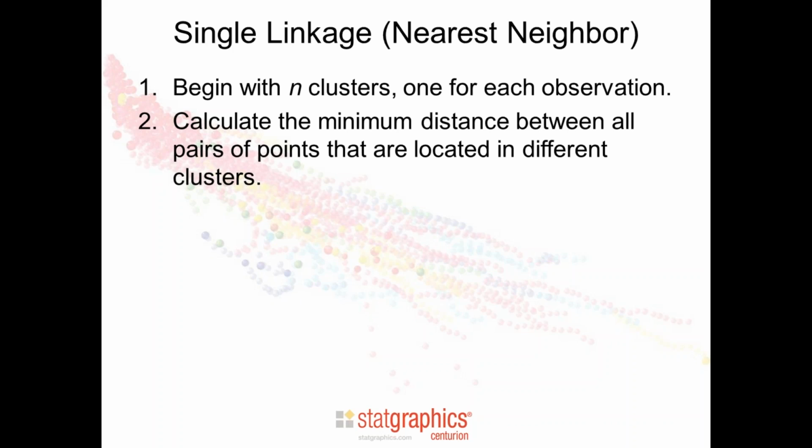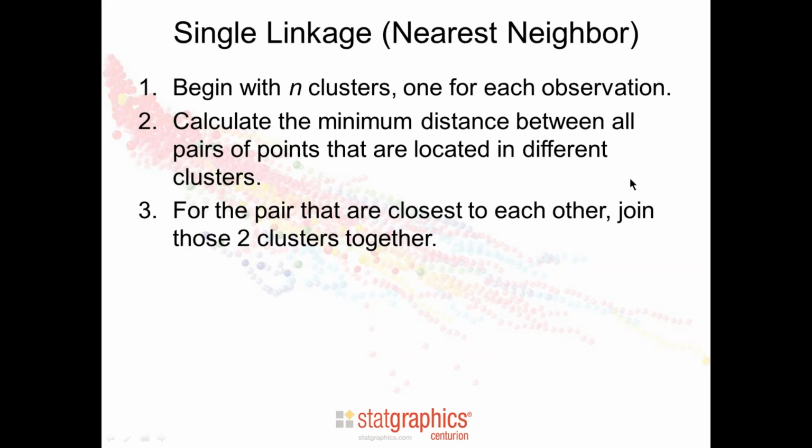Now at some point there might be 5 points in one cluster, 10 points in another. You find the nearest neighbors, or the points in the 2 clusters that are closest together. Then, for the pair of points that are closest to each other across all clusters and all pairs, you join together the 2 clusters that have the pair closest to each other.